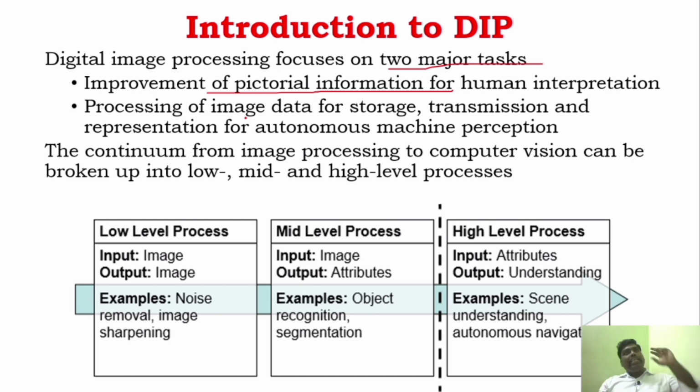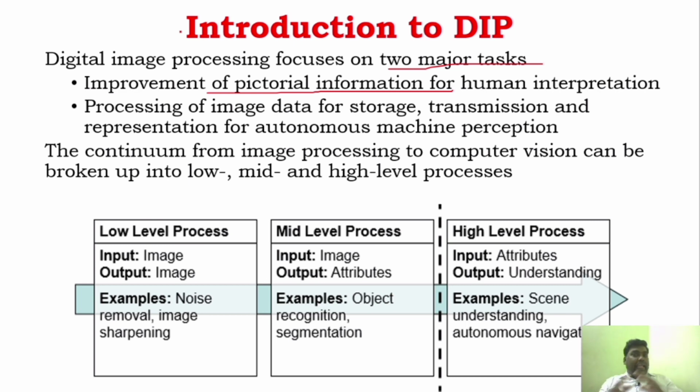When digital image processing comes to computer vision, we say it is a high level process, whereas normal digital image processing can be a low level process. So we can categorize this evolution from digital image processing to computer vision into three different processes: low level, mid level, and high level.